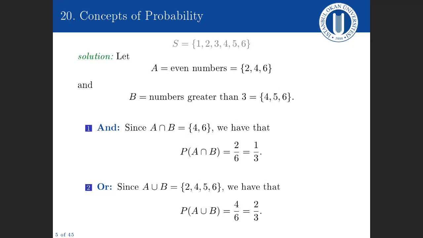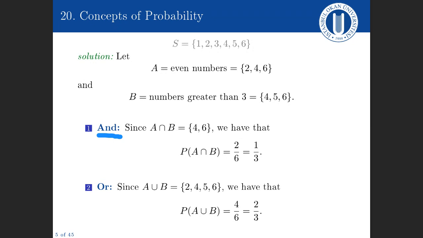Let A be the even numbers in S, that's 2, 4, and 6, and we're going to let B be the numbers greater than 3. So that's the set containing 4, 5, and 6. What is the probability of getting an even number and a number greater than 3?